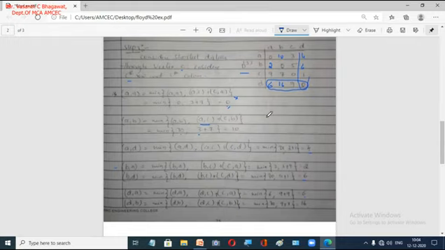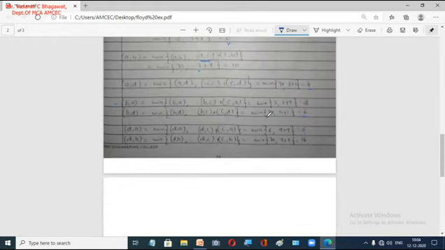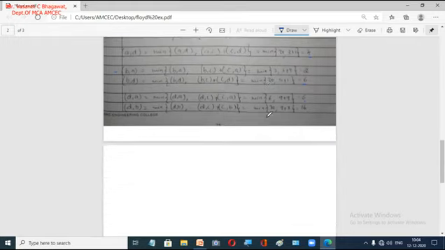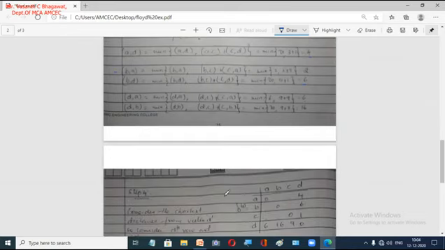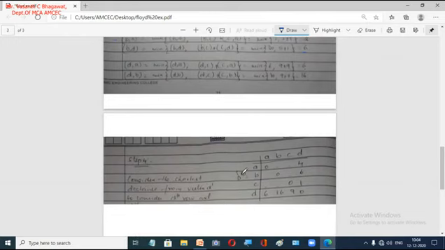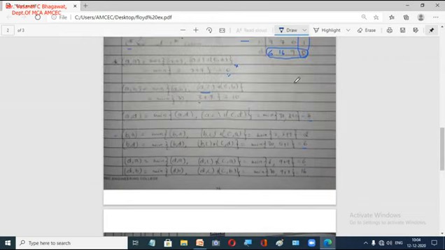Whatever we are doing here, you are supposed to write it and practice. Take your notes and write all those things, then only you can solve in the examination. Otherwise just by watching the video you cannot learn, so you have to solve it manually. So now we have circled the 4th row and 4th column.